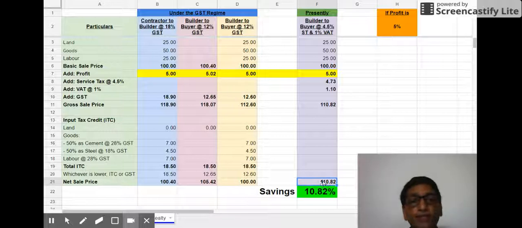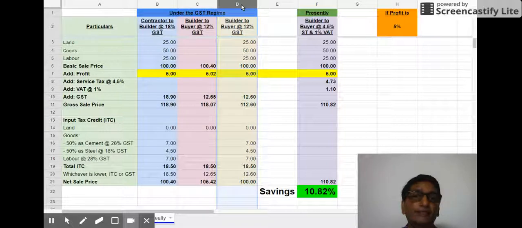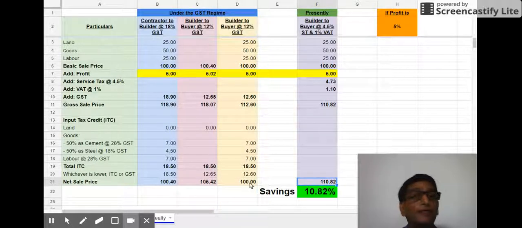When we compare this 110.82 with 100, what is emerging is that post GST, the prices should fall by at least 5.5%. The minimum fall should be 5.5%, presuming very minimal profit is added by the builders. This is at 5% profit.